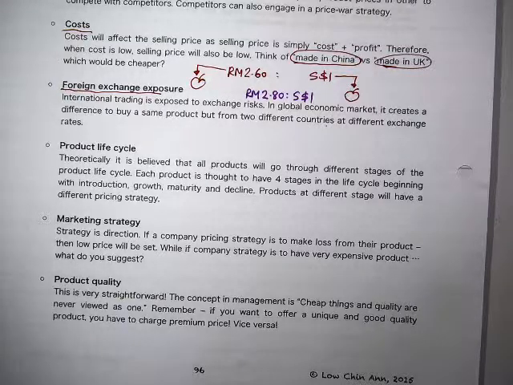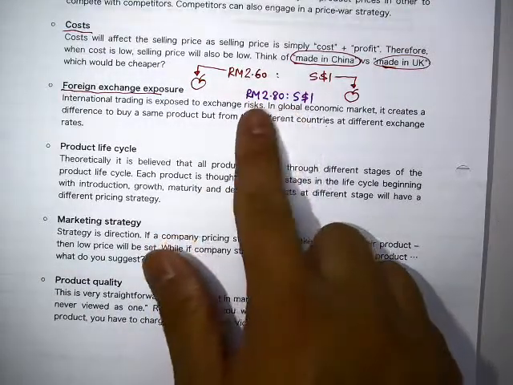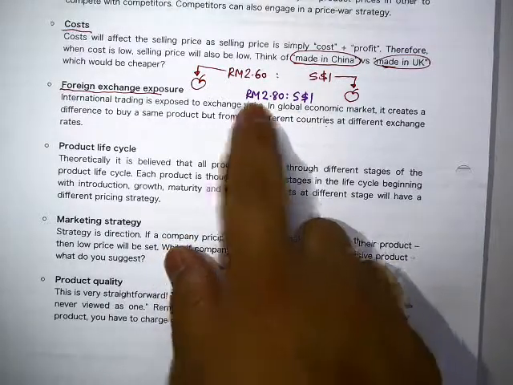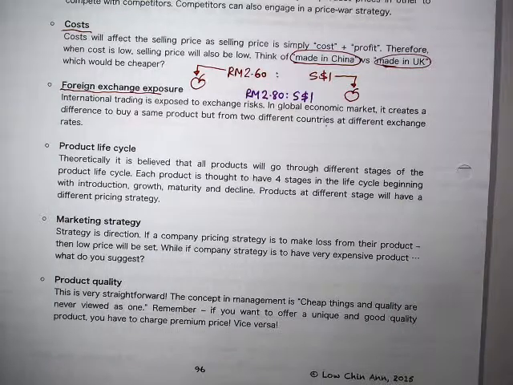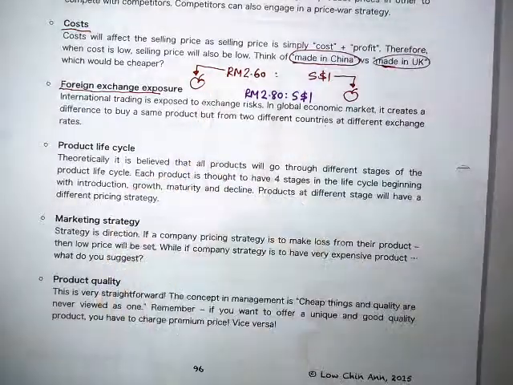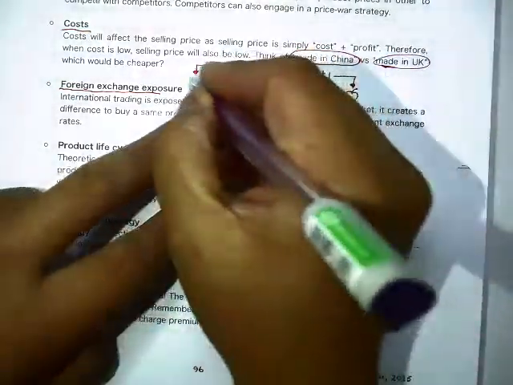Malaysia apple is cheaper. Because if you are Singaporean, you bring 1 Sing dollar, you get 2 ringgit 80. Then you pay 2 ringgit 60 for the apple, you still have 20 cents left. But if you take your ringgit, go to Singapore, buy an apple, 2 ringgit 60 cannot buy. Because you don't even get $1.